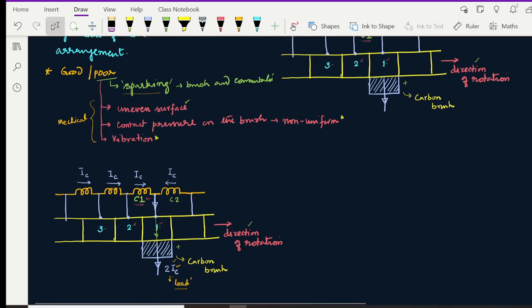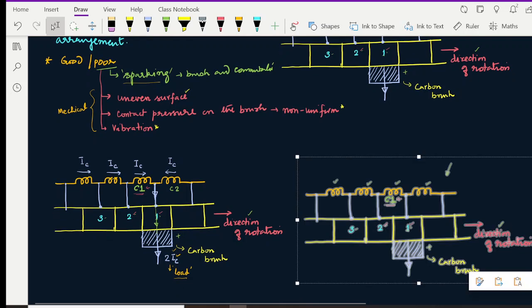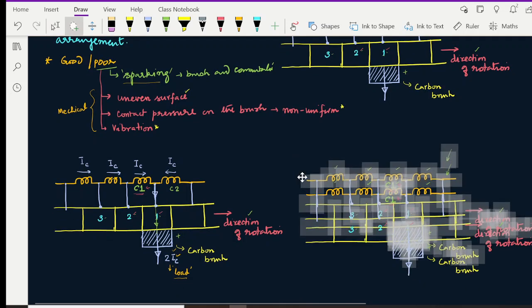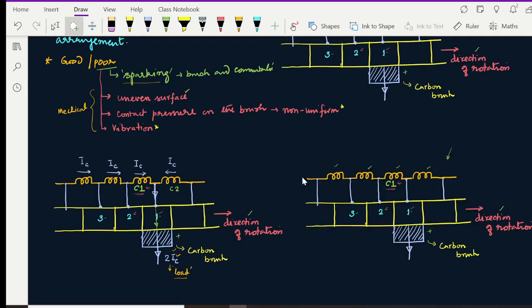So it means that we are going to make this armature move in the clockwise direction, and when there is a movement, I am just going to change the position of the brush slightly.